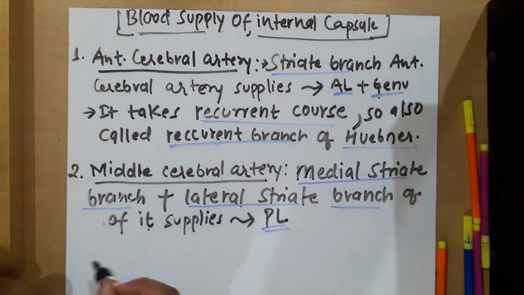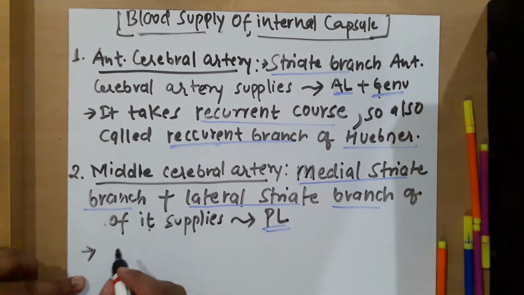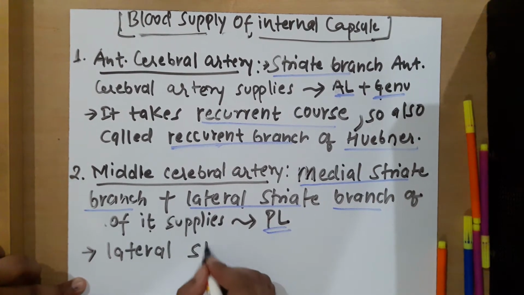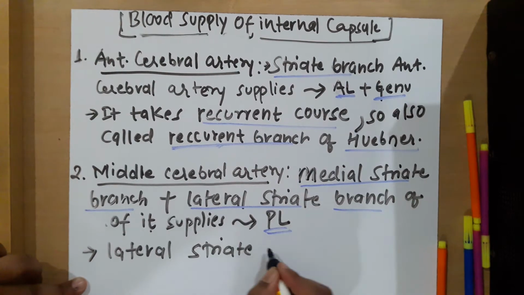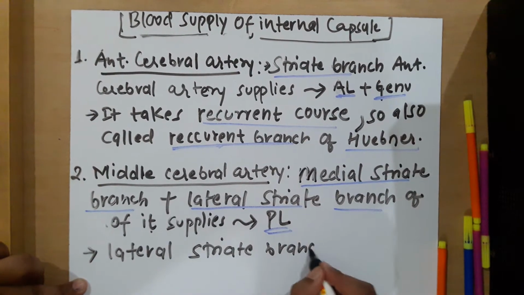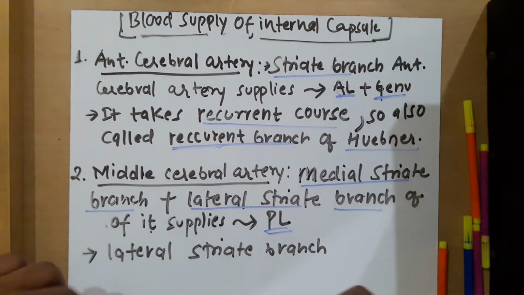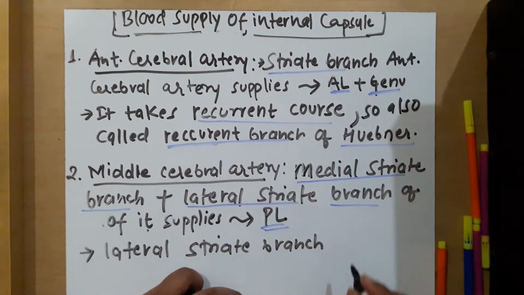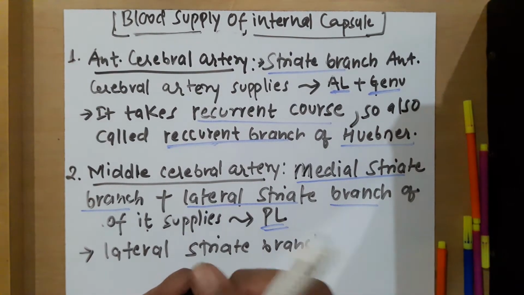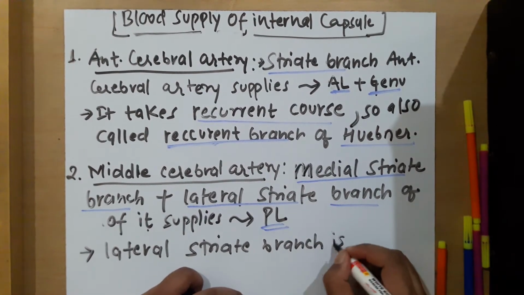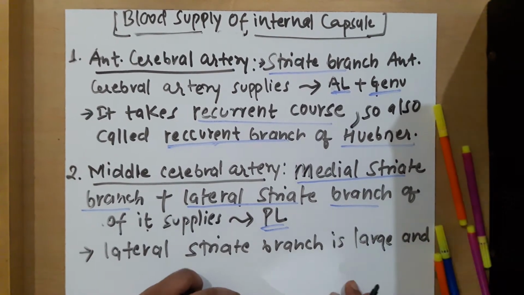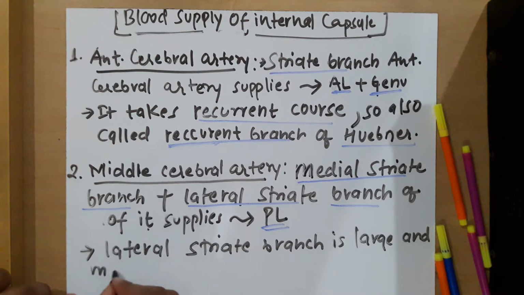And the lateral striate branch, this is also a bonus point, okay. I was just joking about the bonus point, try to remember this. The lateral striate branch is a larger branch, and it is more frequently ruptured.